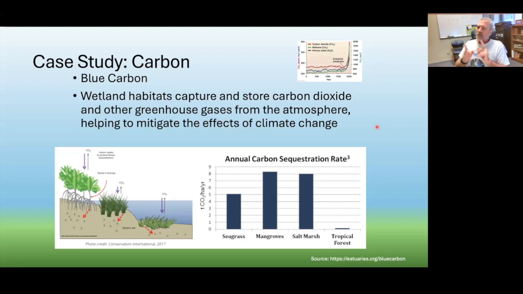So I've talked about blue carbon before, and I might mention it again as we go, because here on the coast, this is a really important ecosystem function that our wetland environments provide. So carbon dioxide, along with a lot of these other greenhouse gases, have been building, and they're building exponentially.